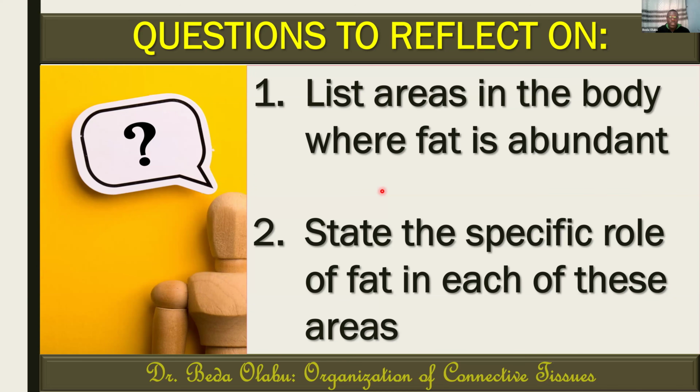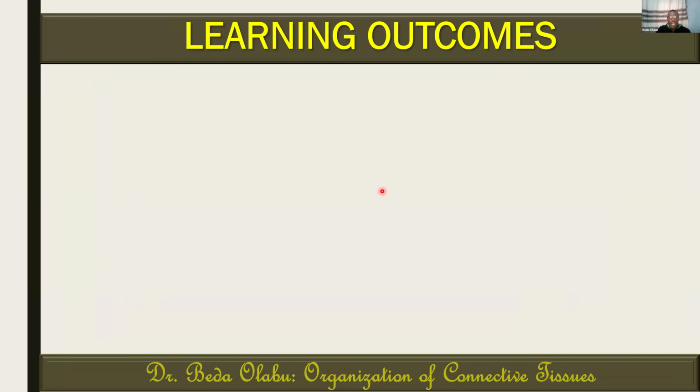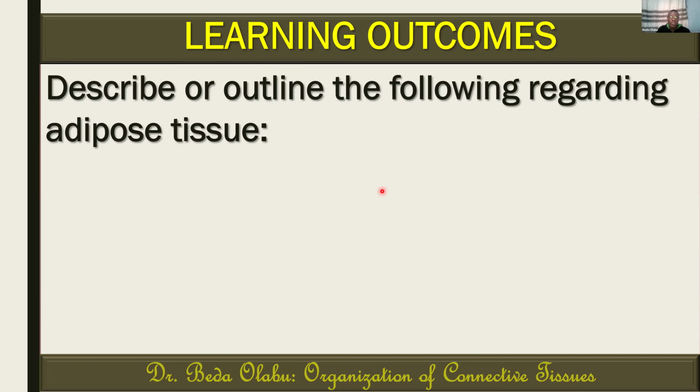Right, I believe you've done something. Now we can go on. Our learning objectives for this particular class are going to be mainly three. We are going to either describe or outline the following three things regarding adipose tissue.